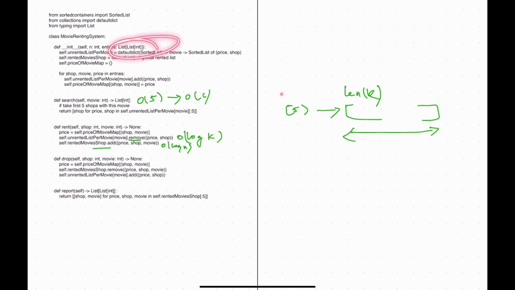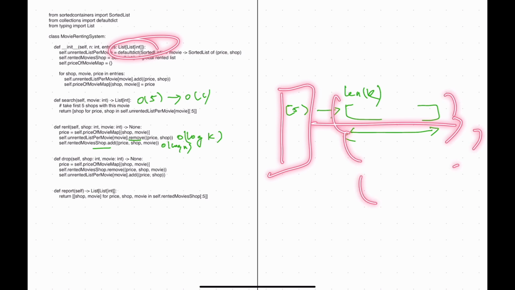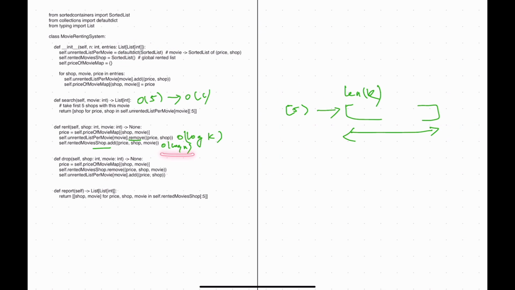Default dict is a key, in that you will have a sorted list. So that's why we are giving order of log n. The same log k, so log n to remove and log k to add it. So this is again order of 5. So this is the time complexity.